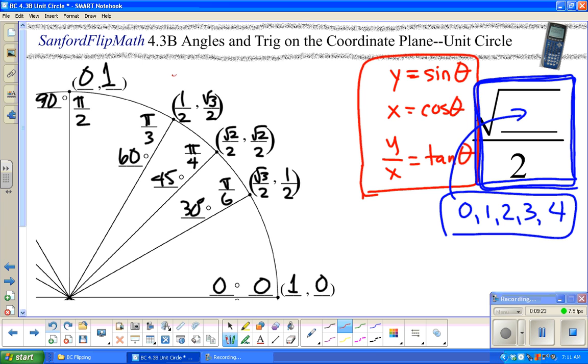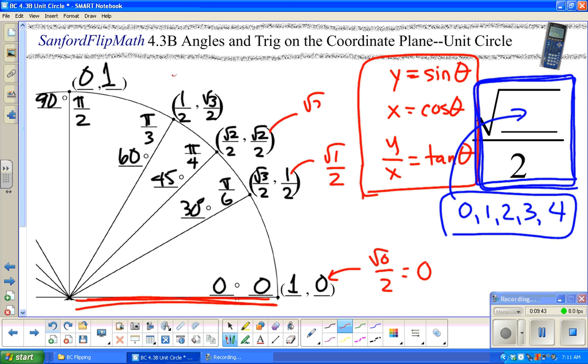If I go to 0 degrees, okay, 0 radians, and I look right here, this is the square root of 0 over 2. This is the square root of 1 over 2. Square root of 1 is 1 over 2. This is obviously the square root of 2 over 2, the square root of 3 over 2, the square root of 4 over 2. Well, the square root of 4 is 2, so 2 over 2, which is 1.